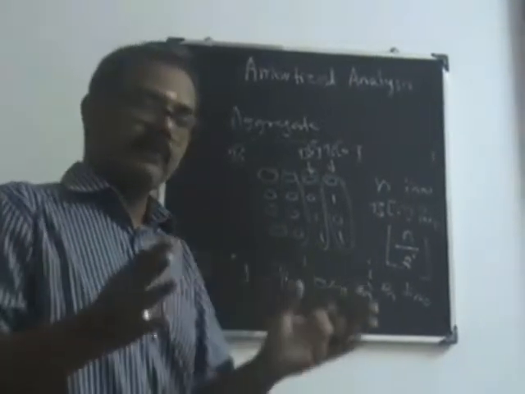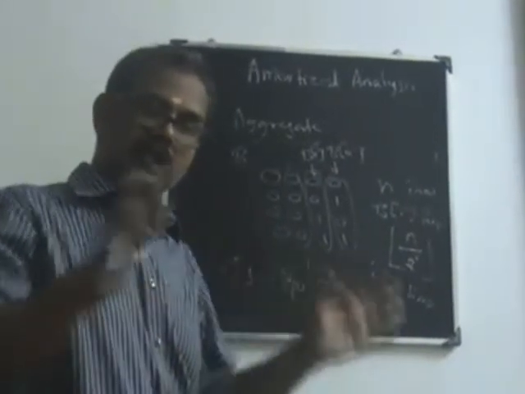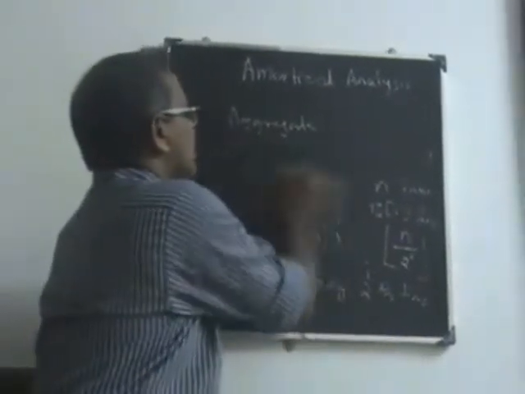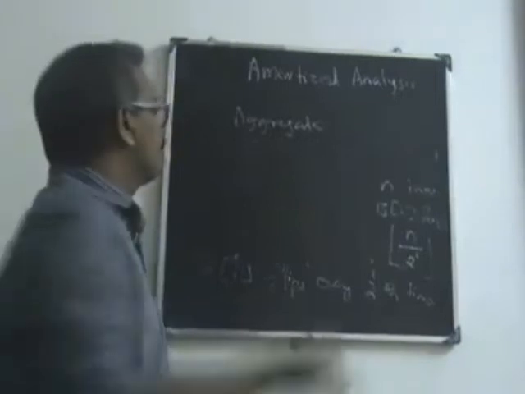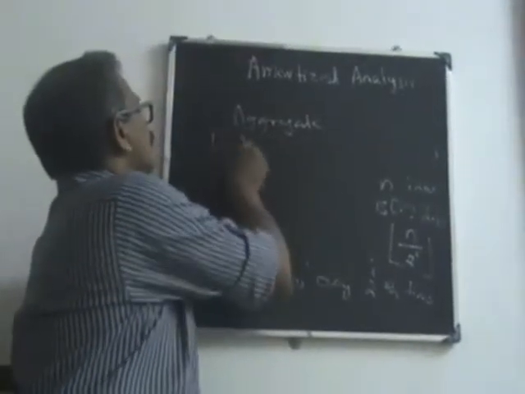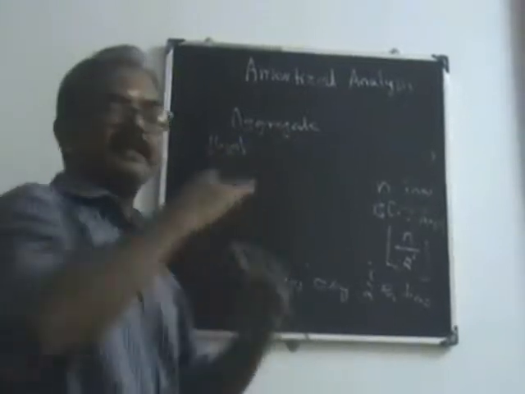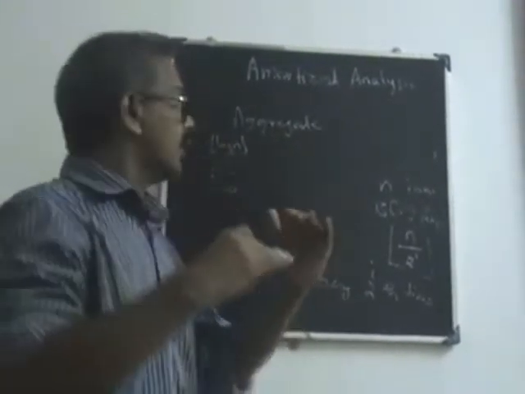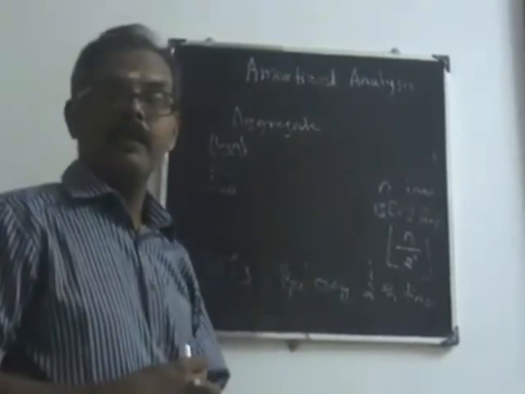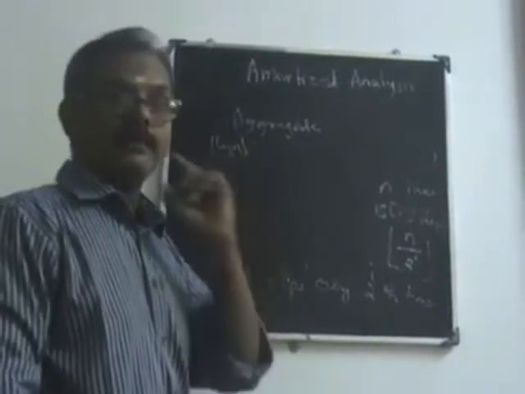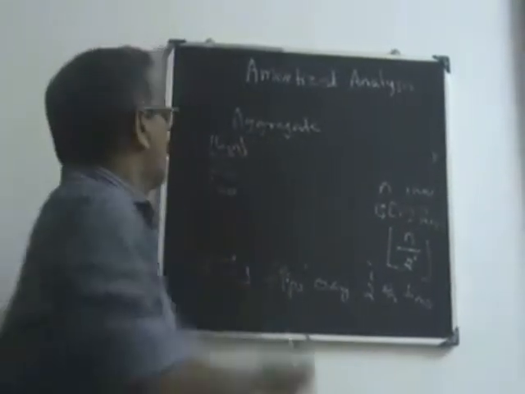In the aggregate method, we have to take the total number of times the bits flipped. That is equal to the sum over i equal to 0 to floor of log n, because there are log n plus 1 bits in the n-bit binary counter.